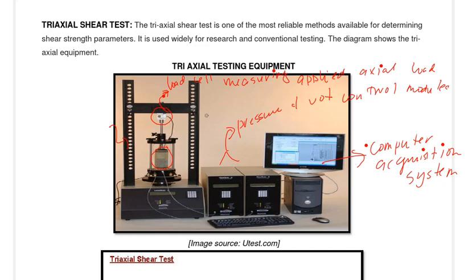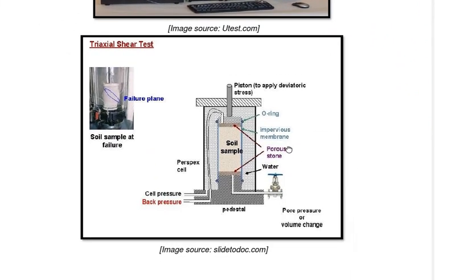So, let's take a look at our triaxial cell itself. So, ito. So, this figure illustrates the triaxial cell and explains how it applies stresses to the cell and how it controls yung drainage condition natin. So, yung specimen natin, so we have here the soil sample.